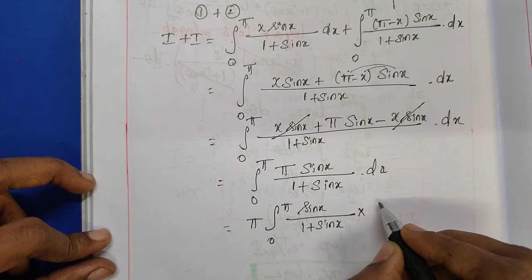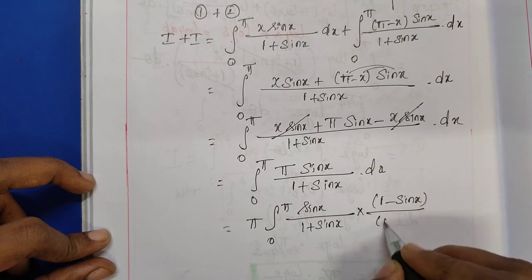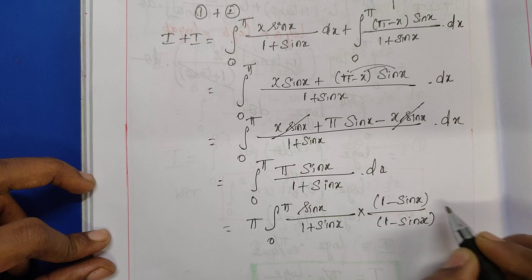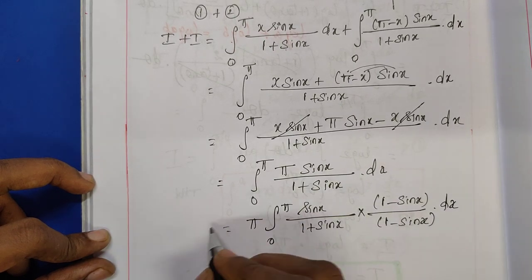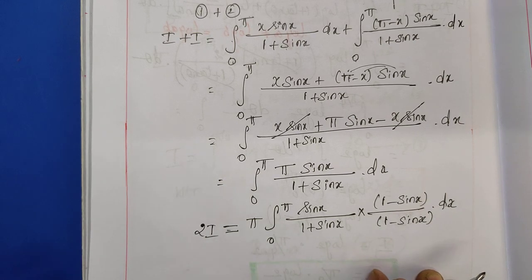Multiply the numerator and the denominator by 1 minus sin x. The left side is I plus I, which is 2I. So 2I is equal to this term.